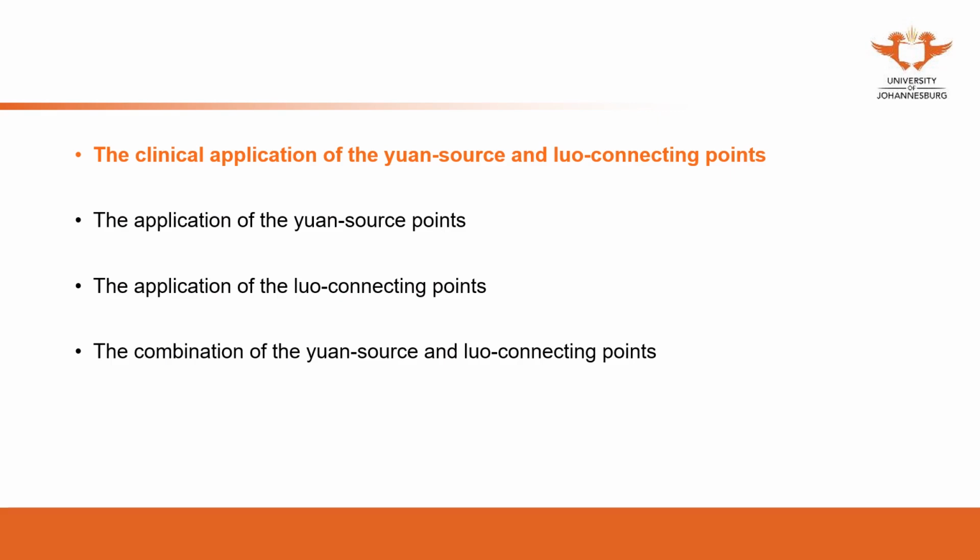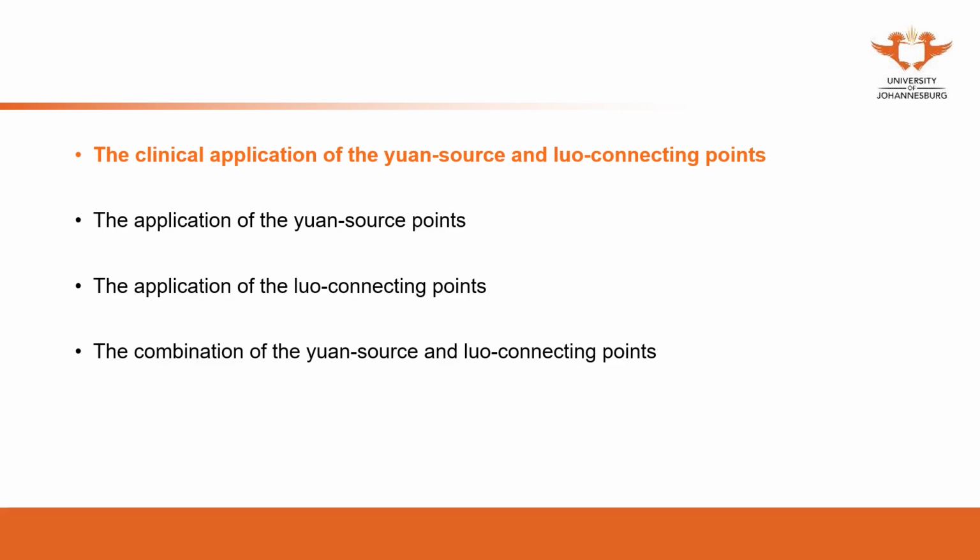The Yuan source points. Ling Shu, the second volume of the Huangdi Neijing, described that for the diseases of the 5 organs, we need to select the 12 Yuan source points.